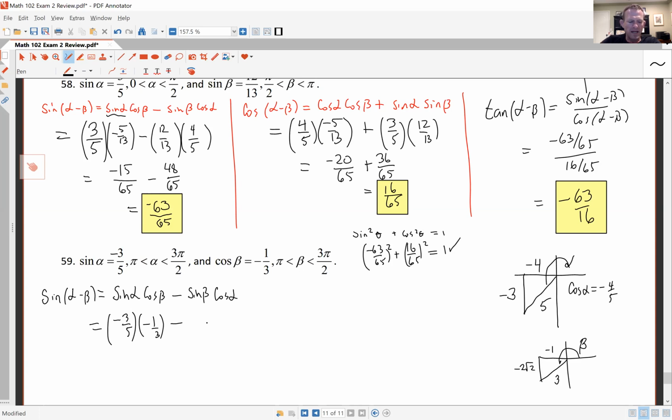Minus sine of beta was not given, but sine of beta from over here, we can see as negative 2 rad 2 over 3. So we have negative 2 rad 2 over 3. And the cosine of alpha is negative 4/5. Okay, so what I can see is both denominators are going to be out of 15. This one's going to be positive 3. And this is going to be minus 8 radical 2.